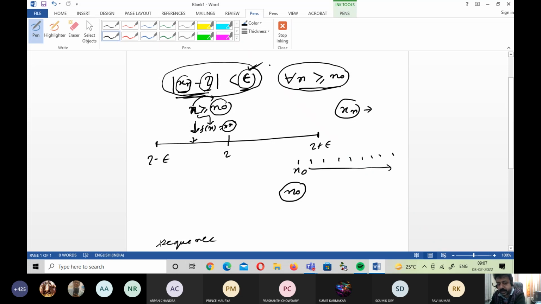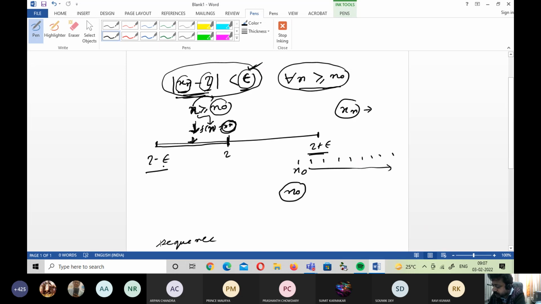So you have considered that this point is L, and you have allowed an absolute difference between L minus epsilon and L plus epsilon. Now you have kept the function value f of n, which is represented by xn, within this range.